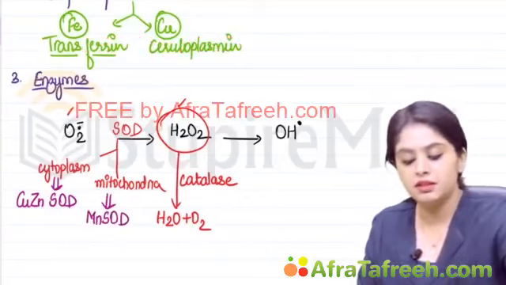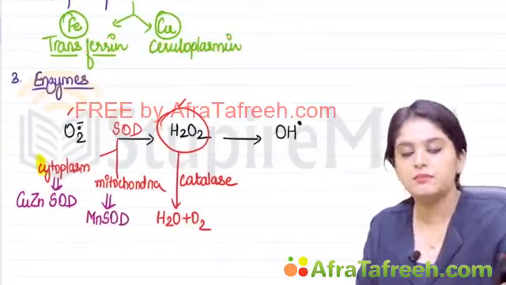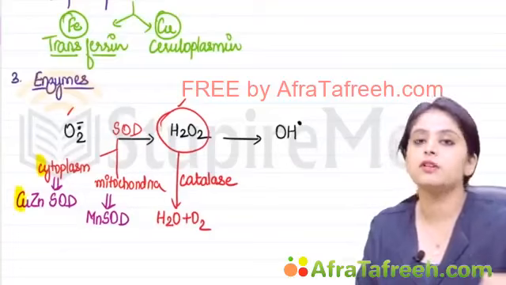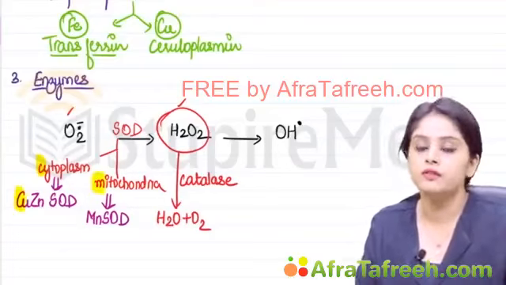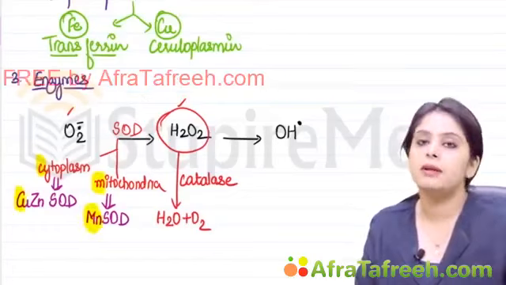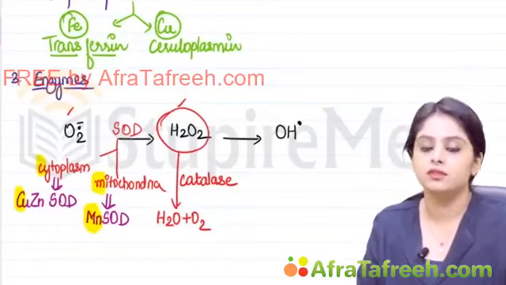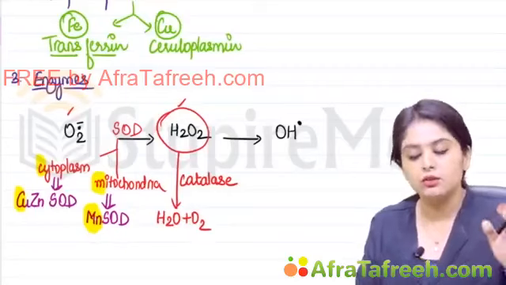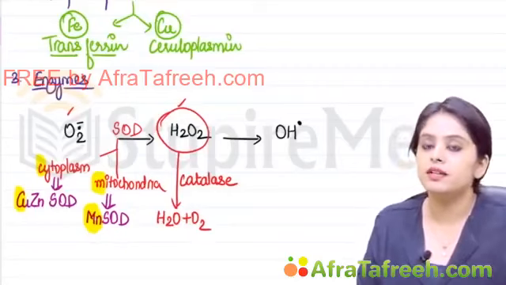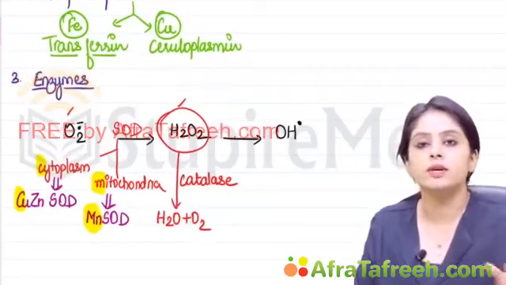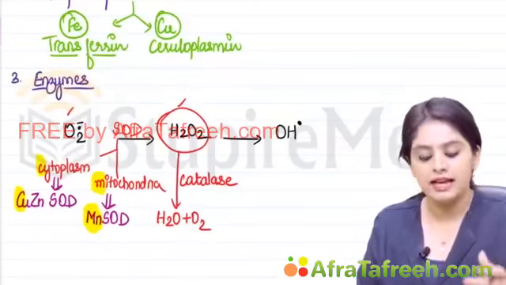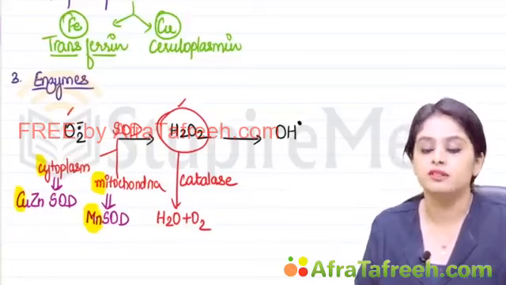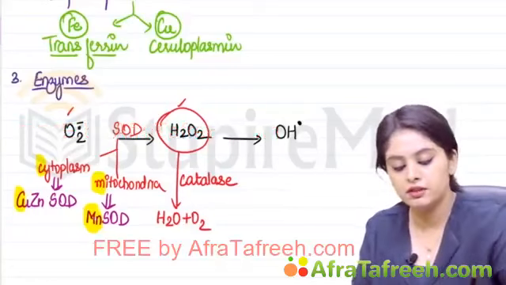Very simple to remember. C for cytoplasm, which form? C for copper-zinc. M for mitochondria, which form? M for manganese superoxide dismutase. So that is how we will remember. You can say superoxide dismutase is protective because it converts superoxide to H2O2. H2O2 will then be acted upon by catalase and get converted into harmless products. So two protective enzymes we have done.